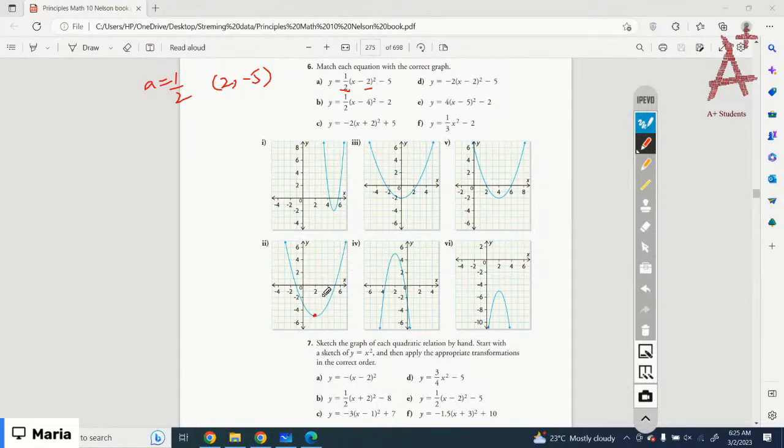Got it? That is the correct option. The vertex is at 2 and negative 5. Just match these points. So that means option number 2 for the equation number A. Option number 2, the graph 2, is the correct option for A. Got it?